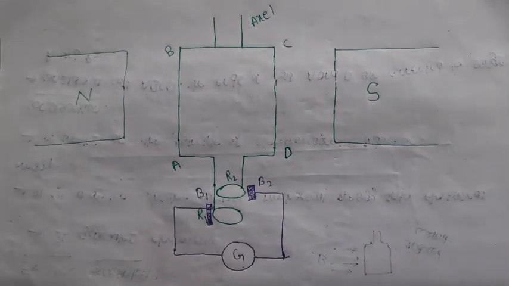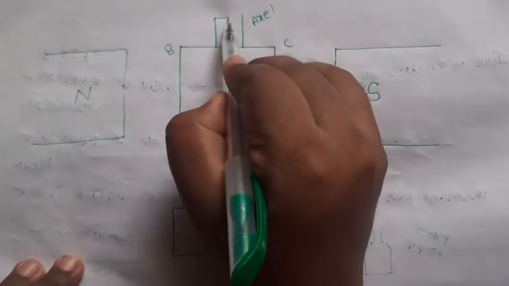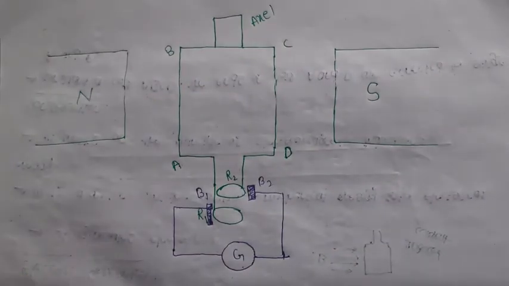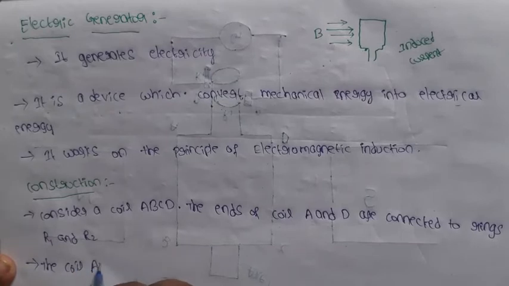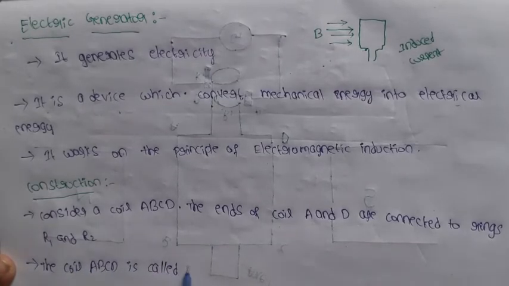To rotate the coil easily. The axle helps to rotate the coil in an easy way, either in clockwise or anti-clockwise direction. The coil ABCD is called the armature.